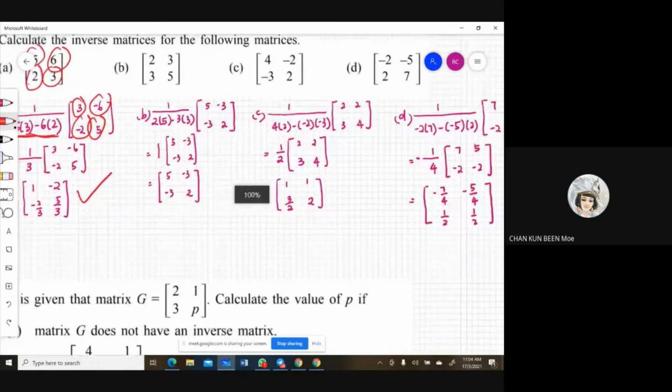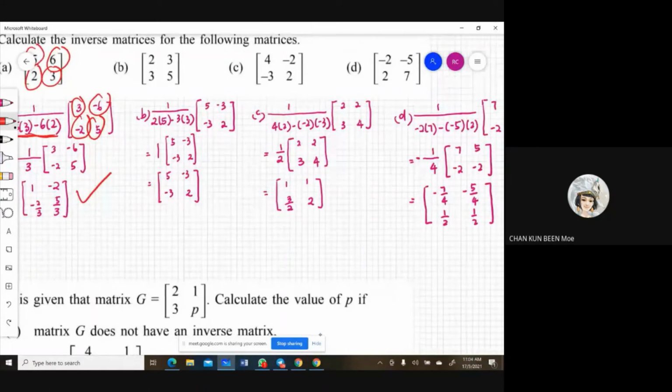Followed by question B. So 1 over 2 times 5 minus 3 times 3, multiplied with the adjusted ABCD. So we get 5, negative 3, negative 3, 2. You check. Next one, C. 1 over AD minus BC, so 4 times 2 minus negative 2 times negative 3.